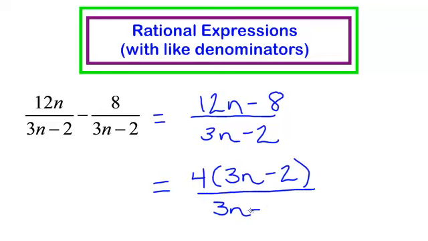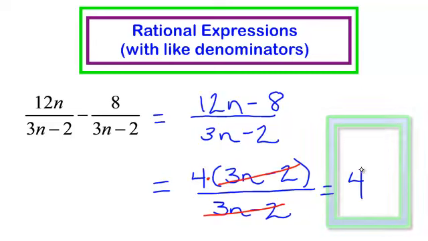The denominator stays the same. Am I done? Nope, not yet. This is 4 times 3n minus 2 over 3n minus 2. Yes, you are correct. The 3n minus 2's will cancel. Those are exactly alike. My answer is simply 4.